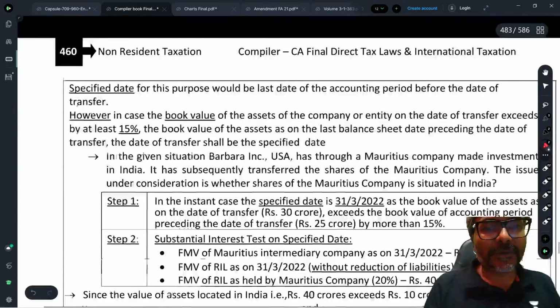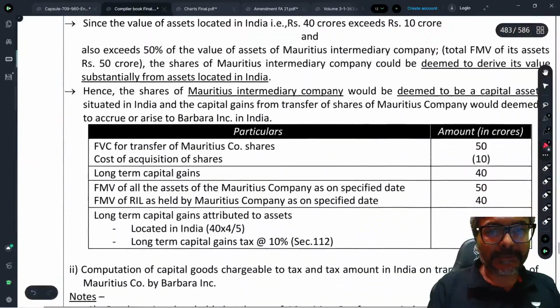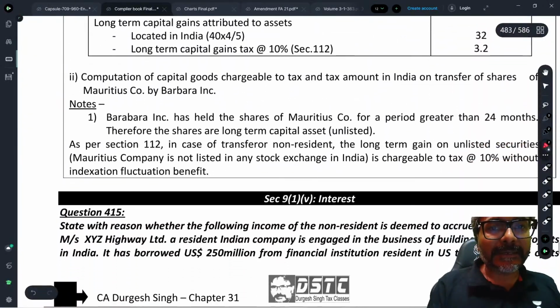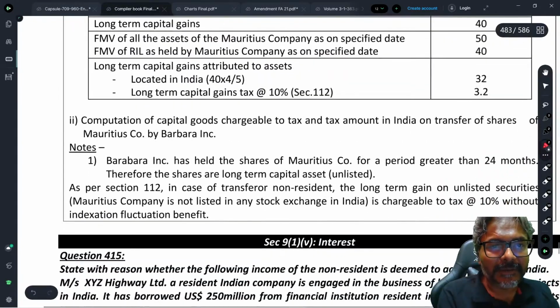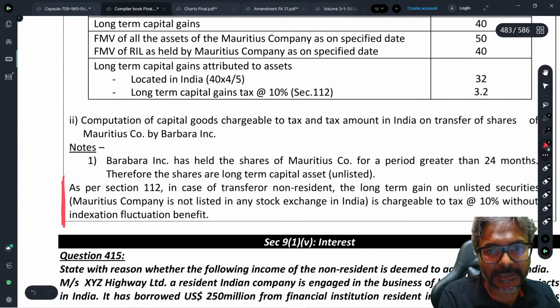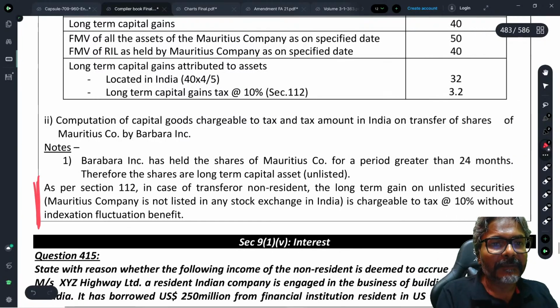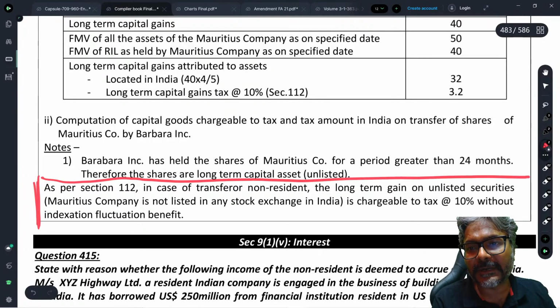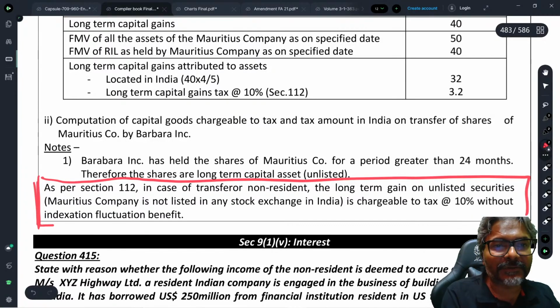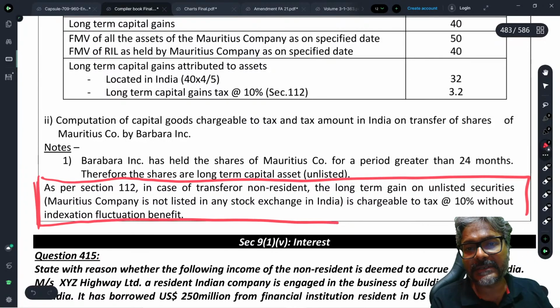And why is it so? Because the indexation benefit will not be applicable, and be careful, students, this is a very important provision. As per section 112, in the case of transfer by a non-resident, the long-term capital gains on the unlisted security, which is a Mauritius company not listed in any stock exchange in India, is chargeable.